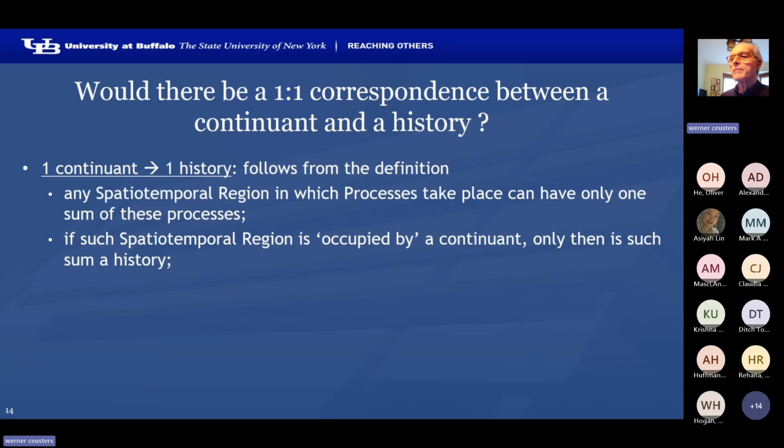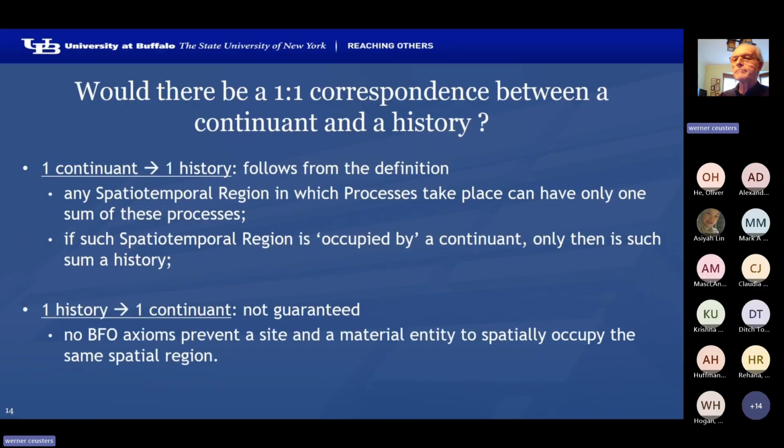And if such a spatio-temporal region is occupied by a continuant, only then is such a sum a history. Now, the other part is not guaranteed. There are no BFO axioms that prevent the site and a material entity from spatially occupying the same spatial region.